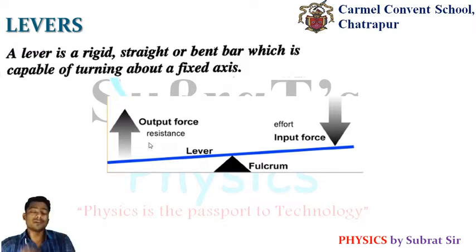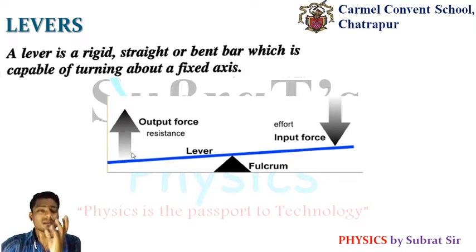So for levers, this is the axis, and it is always turning about this axis only, which is known as the fulcrum. Now you just remember that the input force, which is effort, is always in the opposite direction of the output force, which is load.